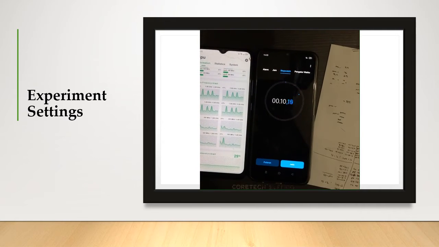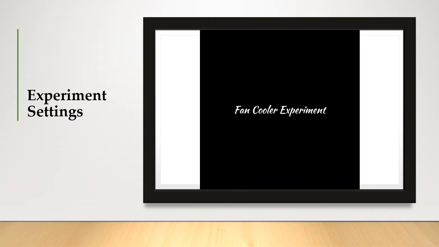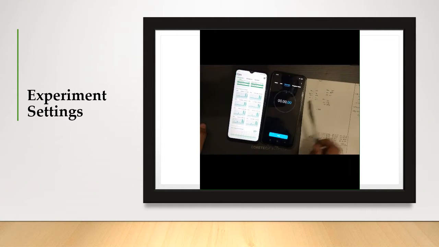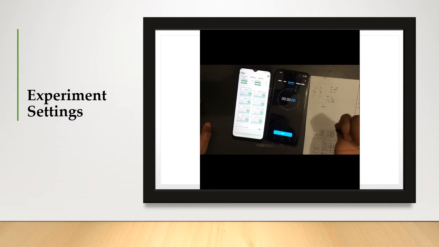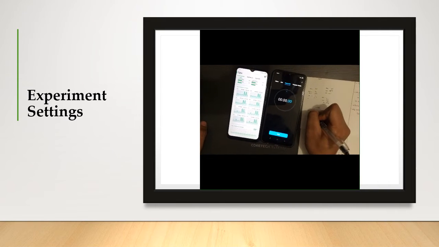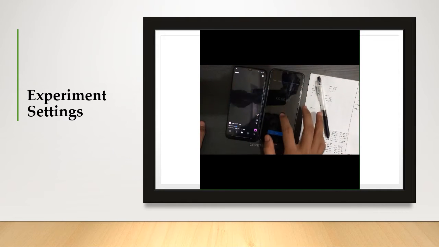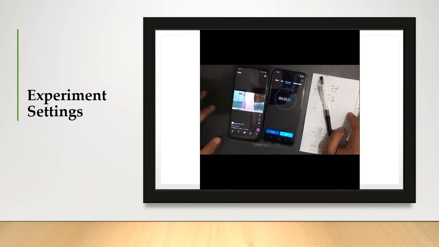And for the fan cooler experiment, the procedure is the same. We first record the initial temperature, and after that we open the Instagram and give some load to the phone for about 5 minutes.